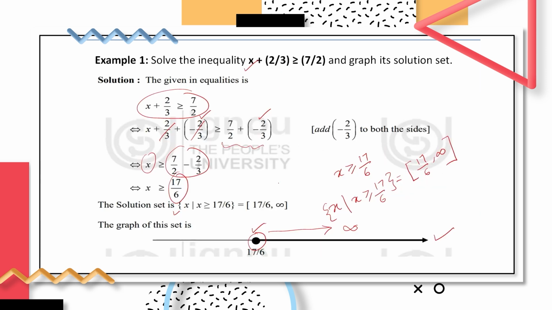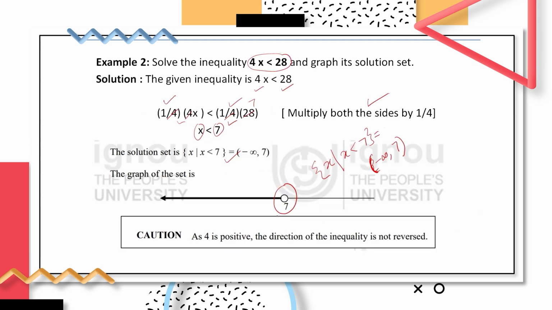Just remember, in the past question the sign was greater than or equal to, so equality was there, that's why there was a solid circle. In this case we are having less than 7, so that means there is no point of equality at the point 7, so that's why we are having a hollow circle over here.